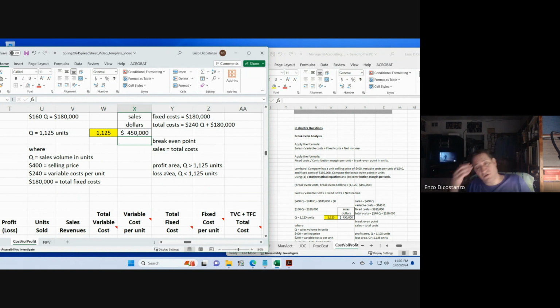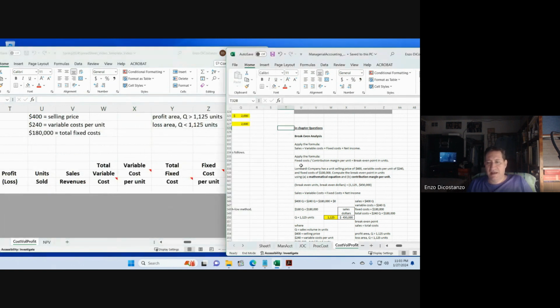When you look at this, the profit area is beyond 1,125 units, and the accounting loss area is below that. So if you're selling 800 or 900 units, you're in the loss area. We're characterizing the regimes where it's profitable and where it's losses.